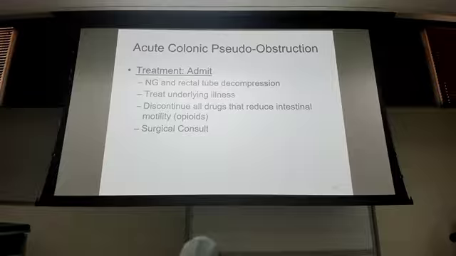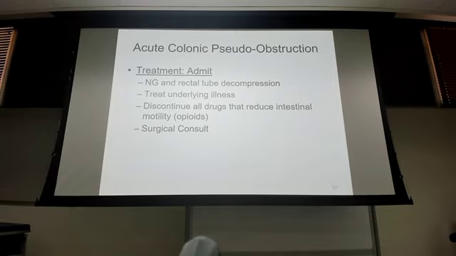How do we manage it? Bowel decompression. Nasogastric tube again. We also go with bottom up or rectal tube decompression, not just an NG tube. Figure out the underlying illness and treat that. And if they're on drugs that reduce intestinal motility, which your post-op patients are probably on, opioids, we try to get them off that, because opioid medicines can be reducing intestinal motility and contributing to the pseudo-obstruction.